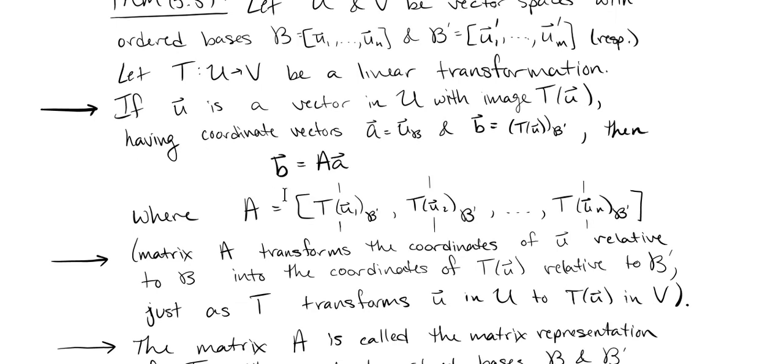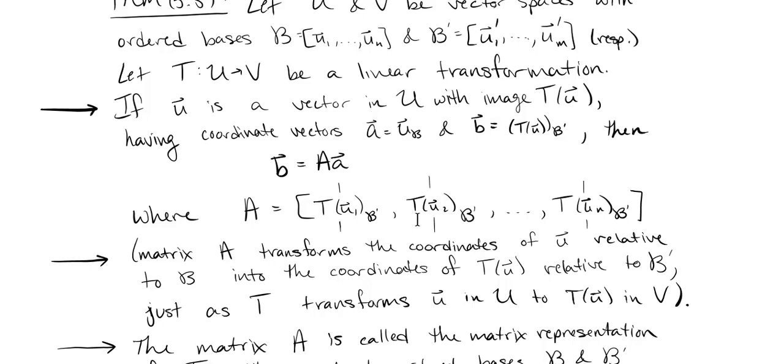Where that matrix A really just has columns that are the effect of the transformation on the basis vectors in the domain, u1 through un, but expressed in terms of B prime, right? Expressed with coordinates relative to B prime. In the first column, you get the coordinates of the first basis vector transformed under T, but expressed in coordinates relative to B prime.